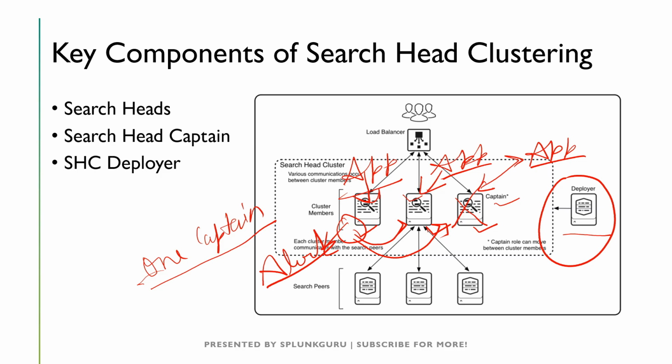However, if you don't have a big infrastructure, you can share the deployer role with the deployment server, license manager, or cluster master, but not with the search head cluster members. We will see how to configure the deployer. So now you know the use of the deployer: to push configurations and apps to your search head cluster members. Fine.